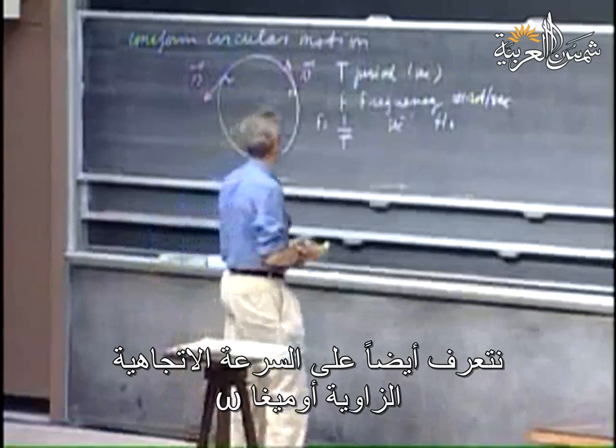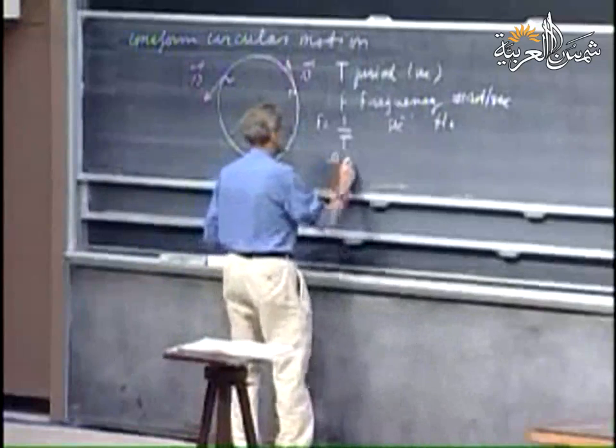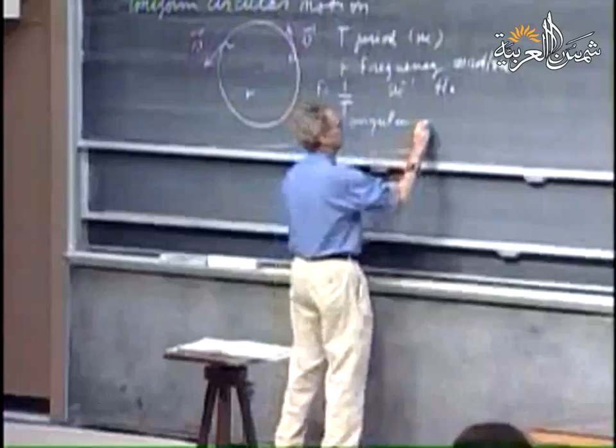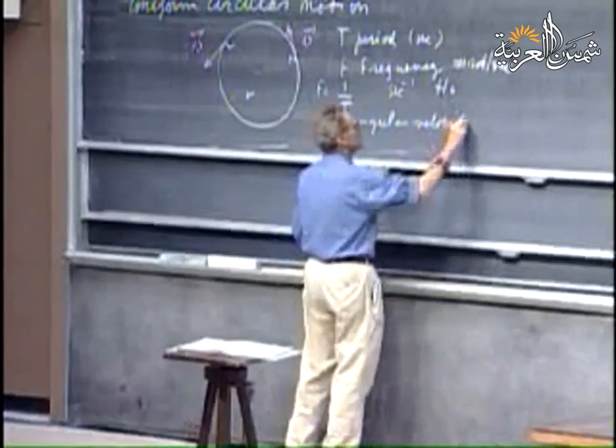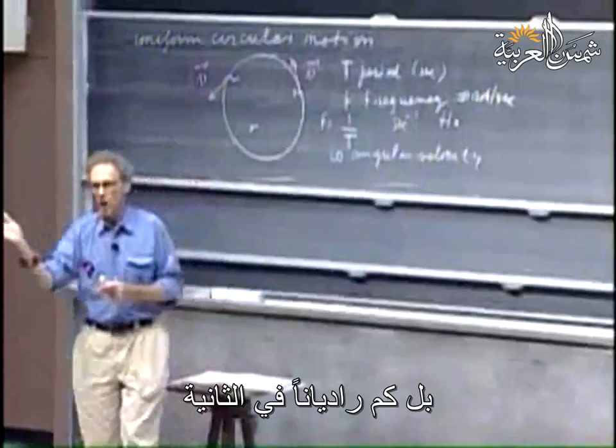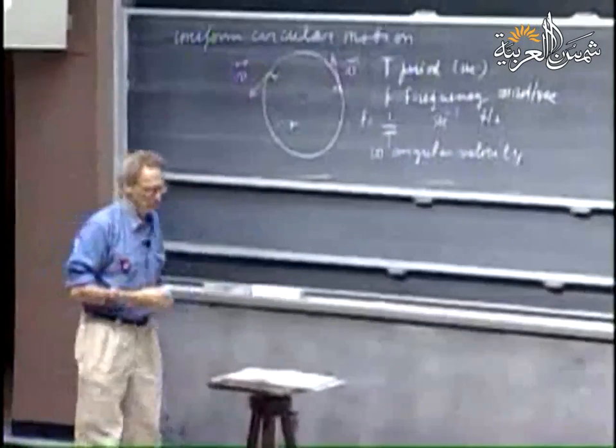angular velocity, omega, which we call angular velocity. Angular velocity means not how many meters per second, but how many radians per second.